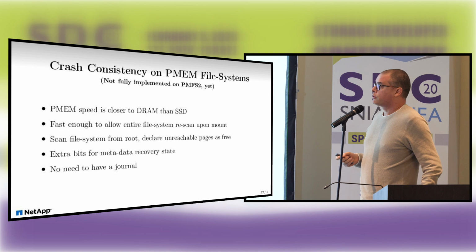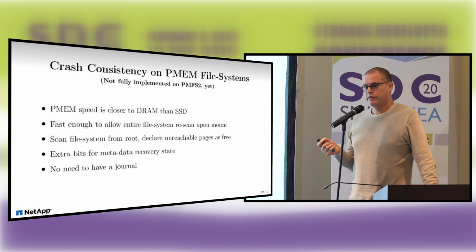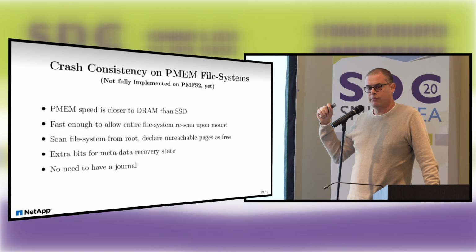Okay, so crash consistency. I would like to argue also that we can do another trick to complete the operation of crash consistency, which is more difficult to do with traditional media.